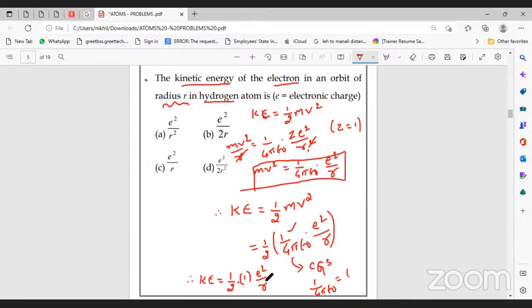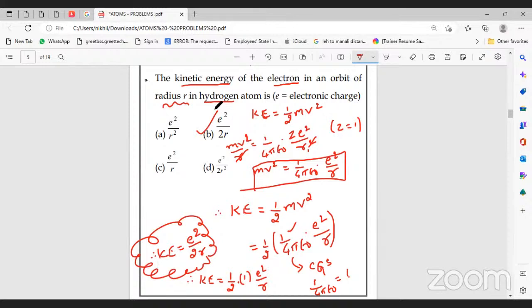If they are not expressing it in terms of 1 by 4 pi epsilon naught, you can take that value as 1. So what will be the kinetic energy then? Therefore, kinetic energy will be equal to e squared divided by 2r. So e squared by 2r.